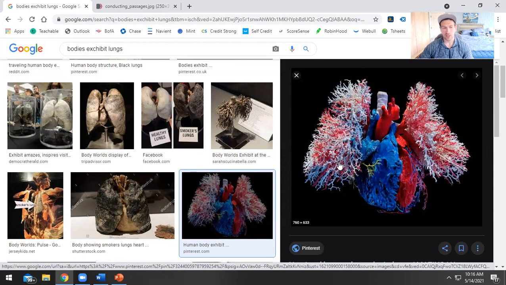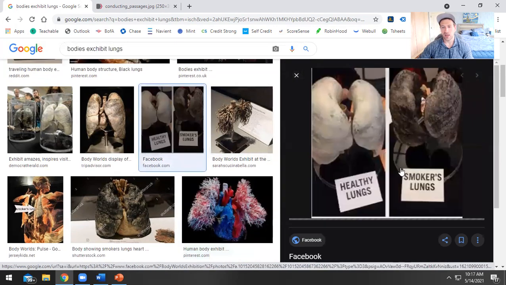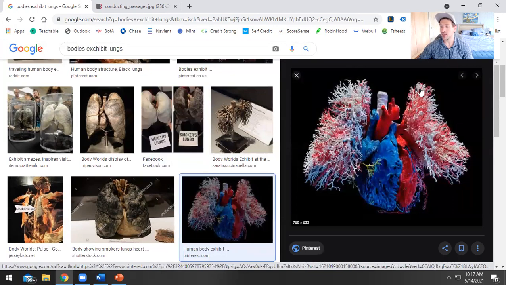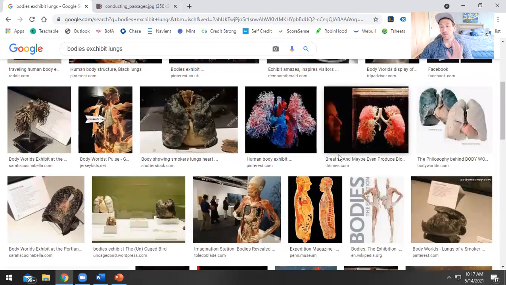With the heart in the middle. So we're not seeing the overall outer layer of the lung here. We're not seeing the outer sac layer, which would look something kind of like this. We're seeing this version here, but it branches out smaller and smaller and smaller.